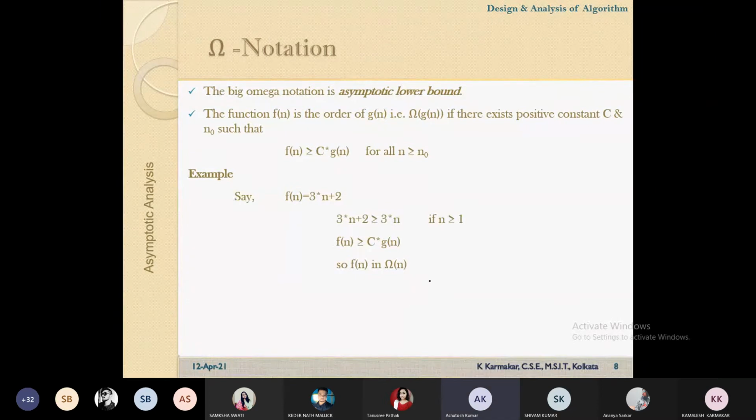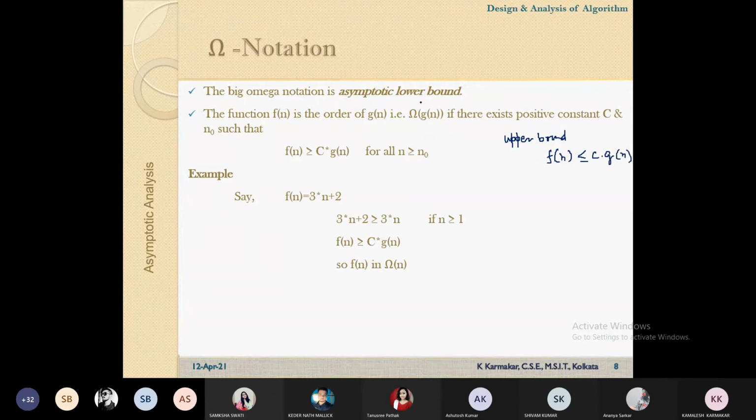So if I consider the asymptotic lower bound, we have already discussed it in the last class. Now again we are repeating it. In the case of the upper bound, the inequality was f(n) less than or equal to c into g(n).